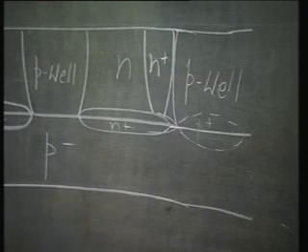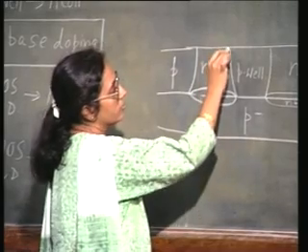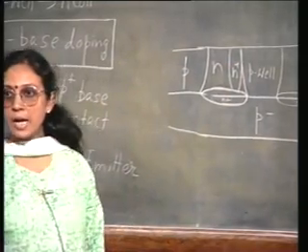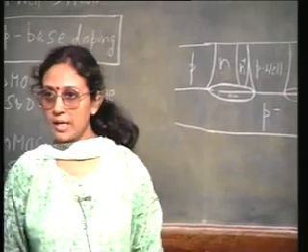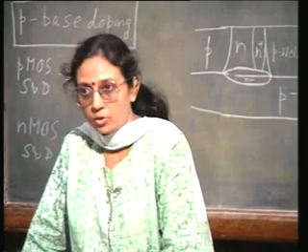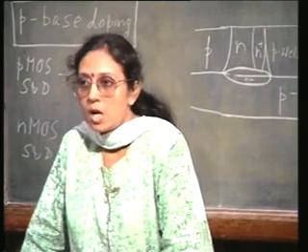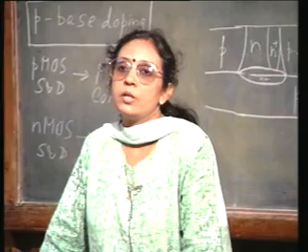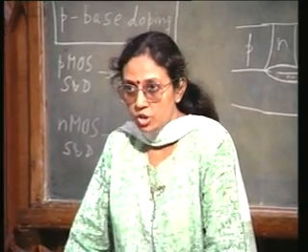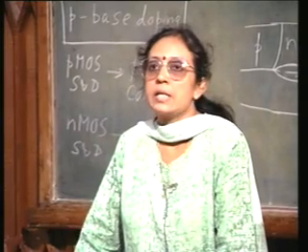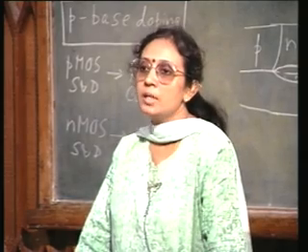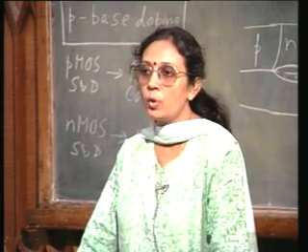At the same time, here also you could have a deep N plus region which is going to act as your substrate contact for the BiCMOS device, the N-well substrate contact. Now, whenever you are trying to have these deep junctions, it is a better option to use what is known as a poly plug.